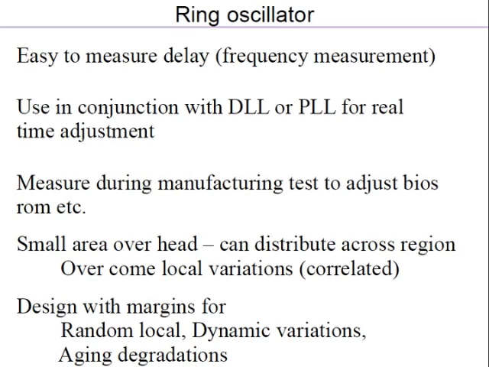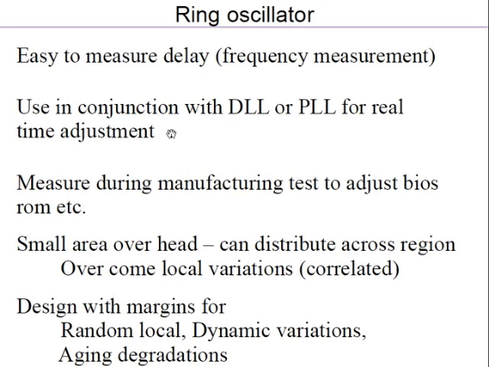One way of measuring the critical path is a simple ring oscillator. You set up a ring oscillator, you put in the right number of stages such that the period of the ring oscillator has the same delay as that of your critical path. And then you can use some circuitry to use that and adjust it.